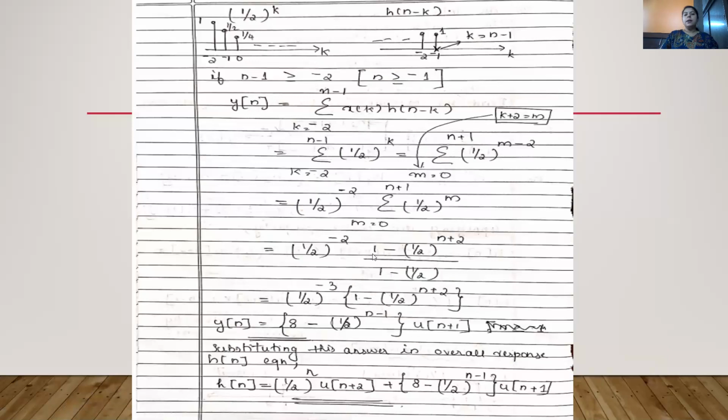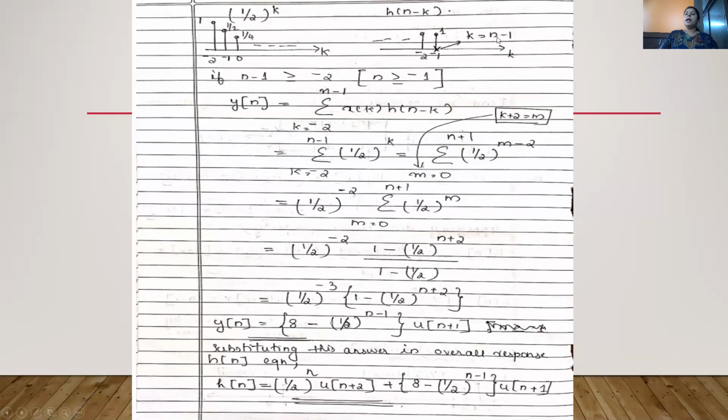Now do the convolution. I can write this 1 by 2 power n u of n plus 2 as x of k, which I keep as a constant sequence, and this I'm going to keep as h of n minus k, that is the time shifted case. You know that this point we mark as k is equal to n minus 1.